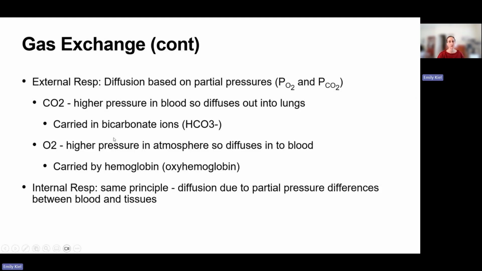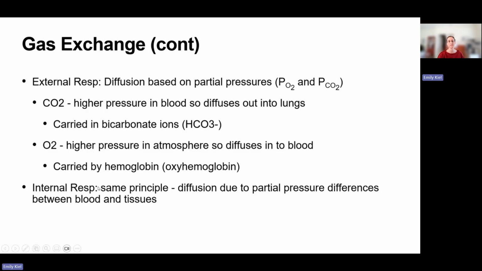And this is carried on by carbonate ions. We're going to talk about carbon dioxide movement and how it's carried. Oxygen in external respiration has a higher pressure in the atmosphere, so it's going to diffuse into blood. And that's carried by hemoglobin, which when oxygen is attached is oxyhemoglobin.